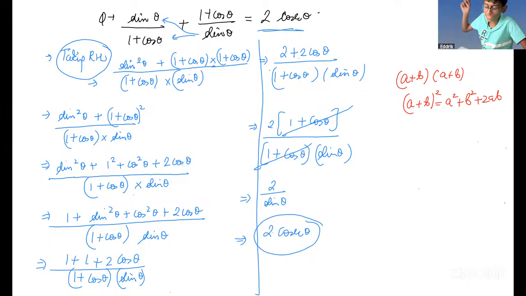There are two trigonometry chapters. I will try to complete the next trigonometry chapter by 9.